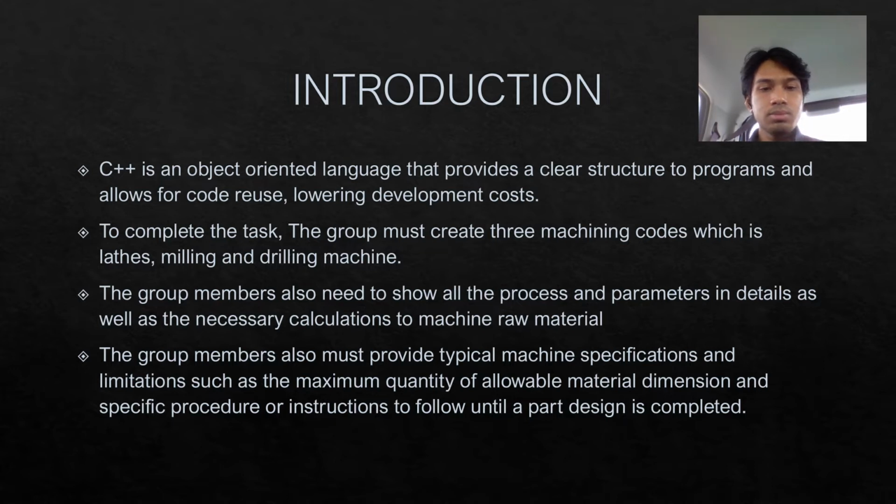The group member also must provide typical machine specification and limitations such as the maximum quantity of allowable material dimension and specific procedure or instructions to follow until a part design is complete.